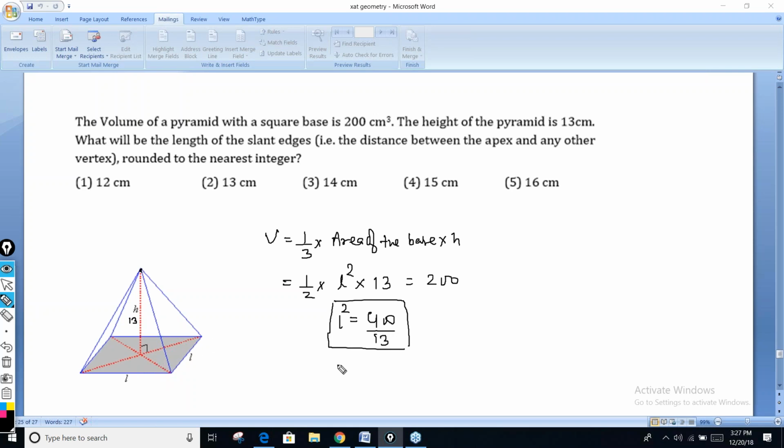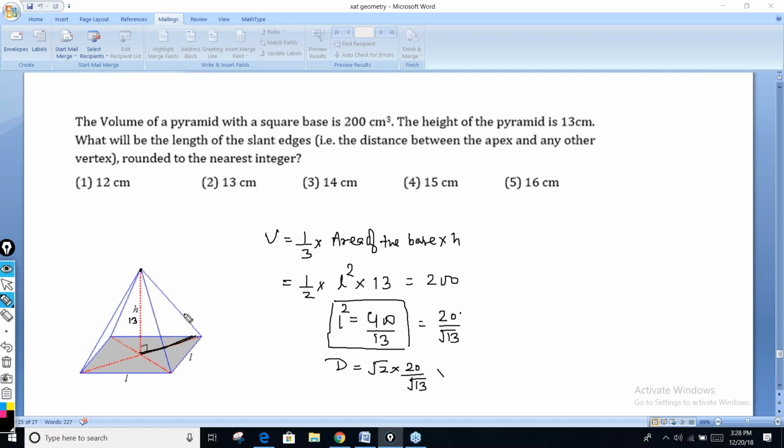What is the diagonal? That is 20 on root 13, so the diagonal will be root 2 of this, since that is L. And that part will be half of this part.